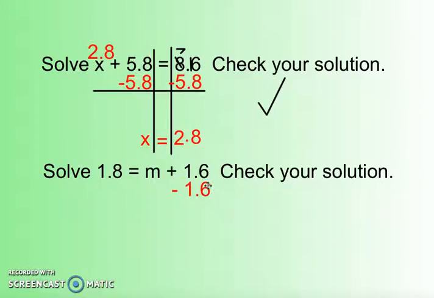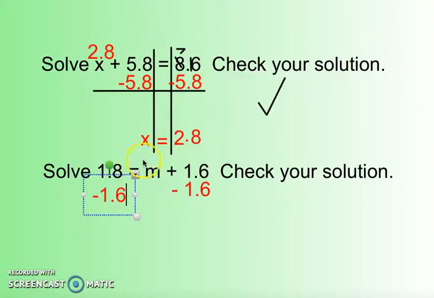Not saying that you can't do it. I know that you probably could find the answer, but I want to just focus on knowing how to solve an equation. I don't want you to think about negatives right now. So please change it to 1.8 instead of 1.3, and we're going to subtract 1.8 minus 1.6 and find an answer for this.